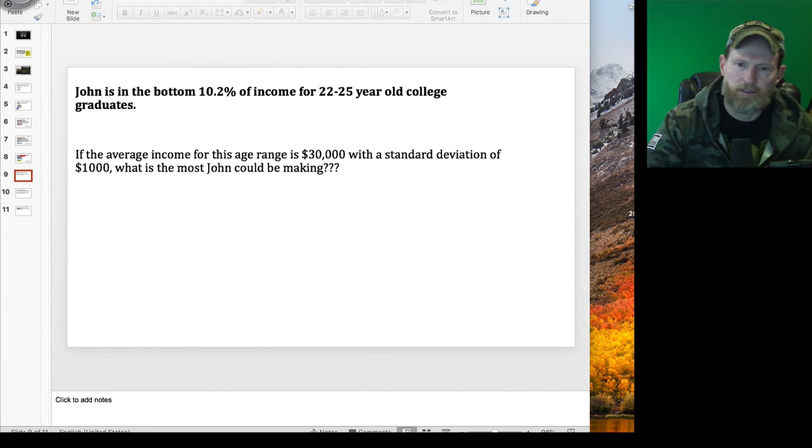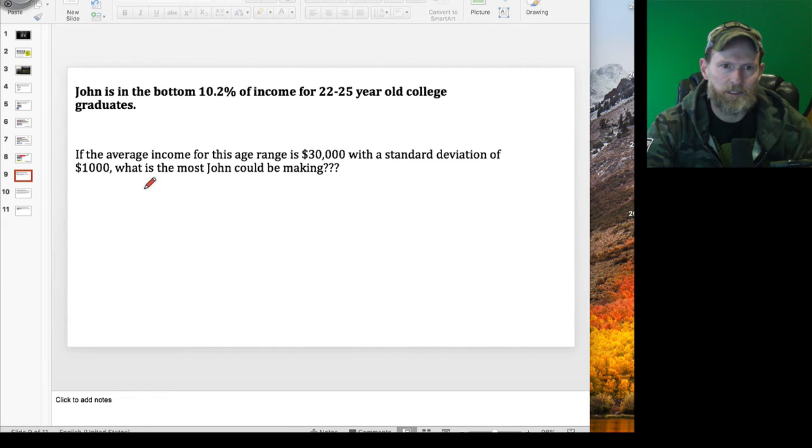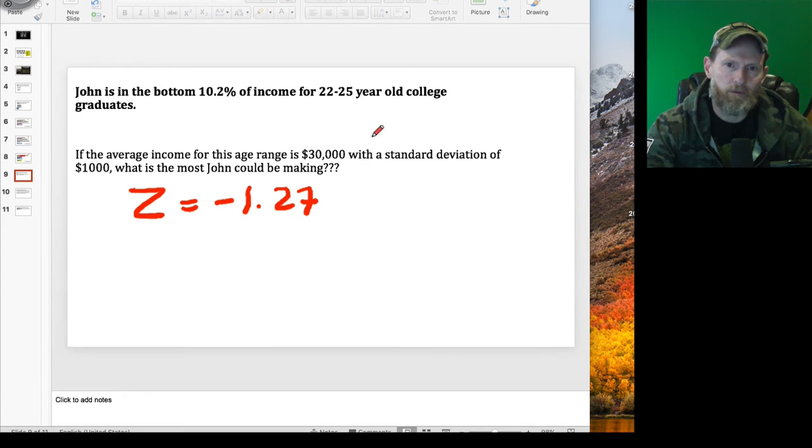Remember, my probability was 0.102. If I didn't feel comfortable with that inverse function, I could go to the z-table.